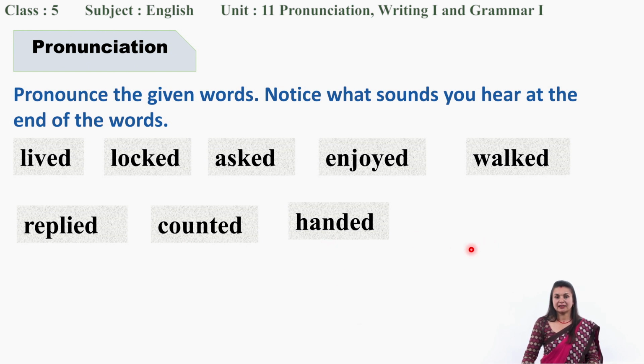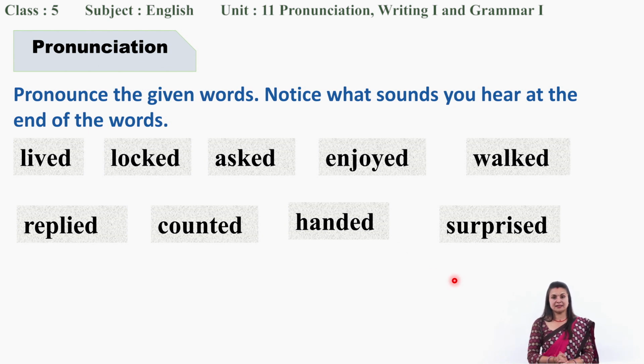Handed. Yes, try it. How do you say it? Yes, it is handed. Say it once again. Handed. Once again. Handed. That's great. Okay, let's see another one. Surprised. How do you say it?